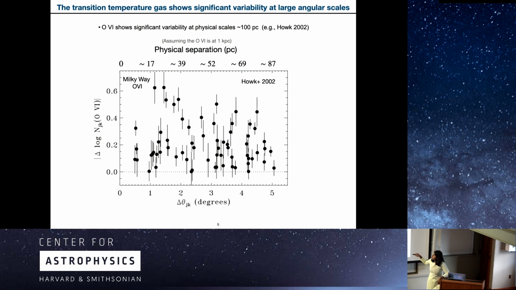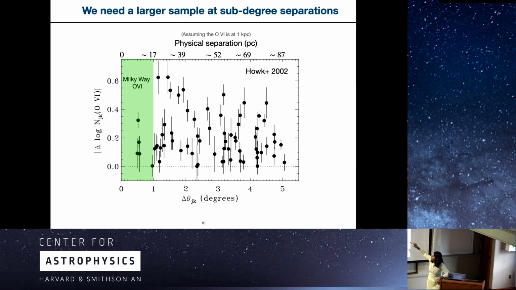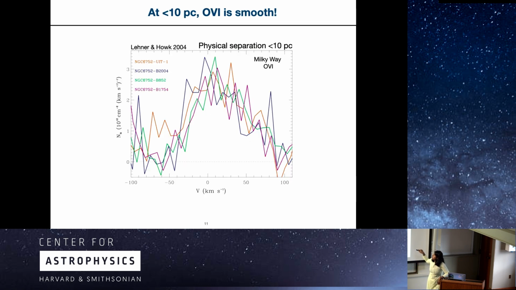The one limitation is that they didn't have enough measurements in this sub-degree scale, which is very important because later, Leonard and Hawk 2004 found that toward globular cluster stars, which are separated by only 10 parsecs, they show no variability in the column density profile. So the O6 is not varying at all, or it's smooth at less than 10 parsec scale. So we need a bigger sample at smaller, sub-degree separations.